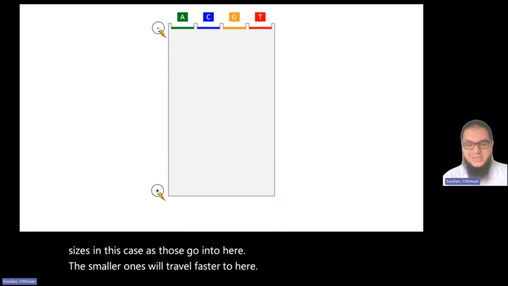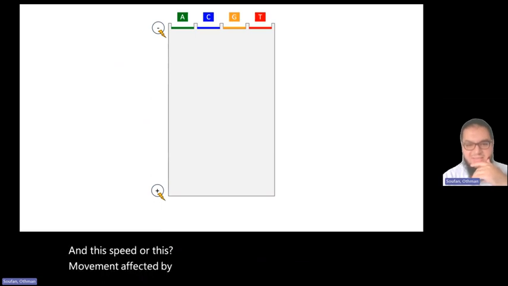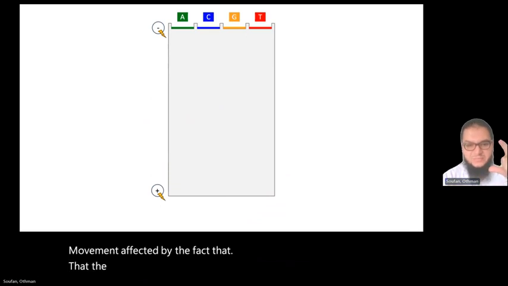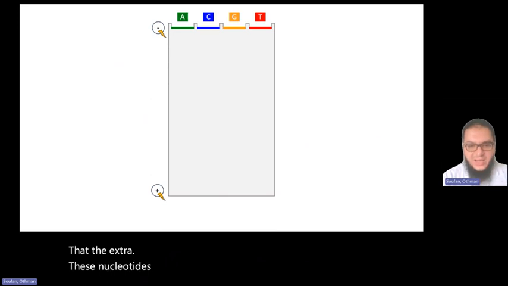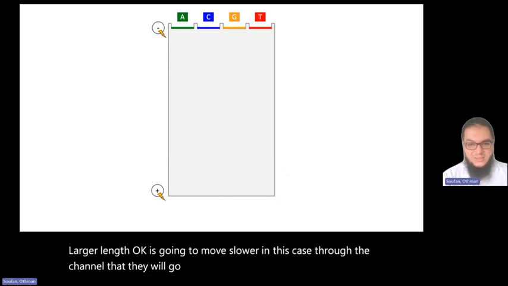And this speed or this movement is affected by the fact that these nucleotides with larger length are going to move slower through the channel that they will go through.